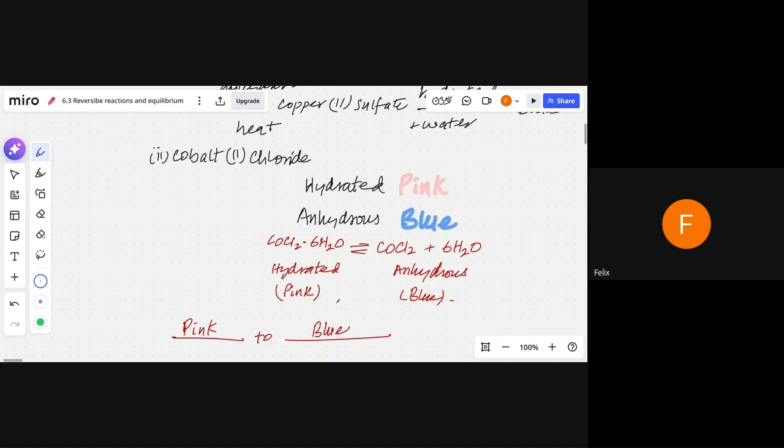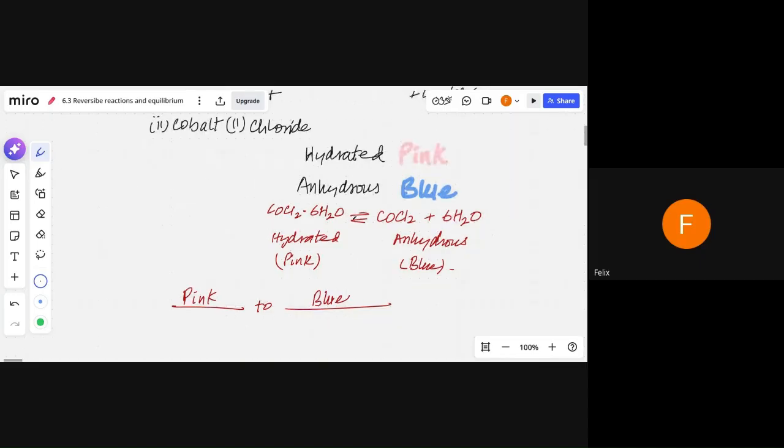And if the question says that we have anhydrous cobalt 2 chloride and we are adding water, what will be the color change? Dash to dash. So this is going to be blue to pink, right? These are the types of questions that they ask related to this topic.